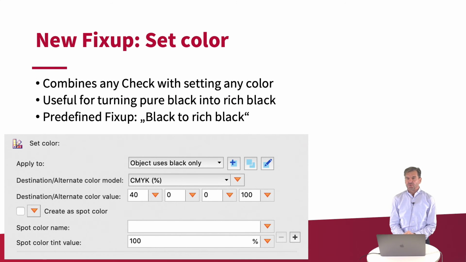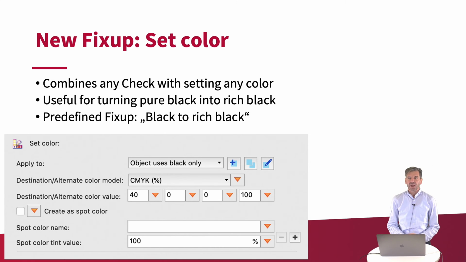Let's see. So yeah, it's actually also a short one and it's fairly easy. There is a new Fixup which has a name setColor. And I first want to describe to you how that works because I think the concept is really easy. It uses an apply to filter, and we just heard what that is.